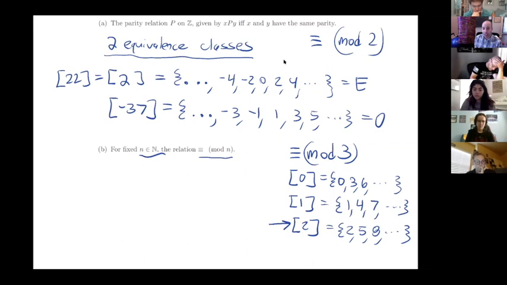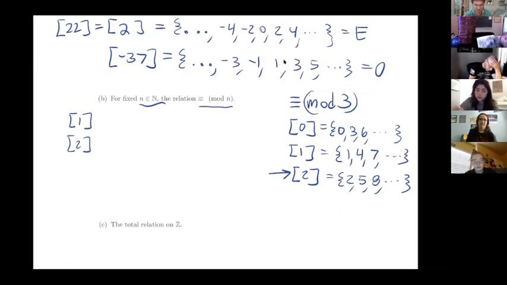So if we're looking more generally at mod n, then how many equivalence classes would we have? Might run out of fingers here. Depends. Sorry? N? Yeah, thank you. Yeah, so in general, you would have n. So you can think about them like this, okay?